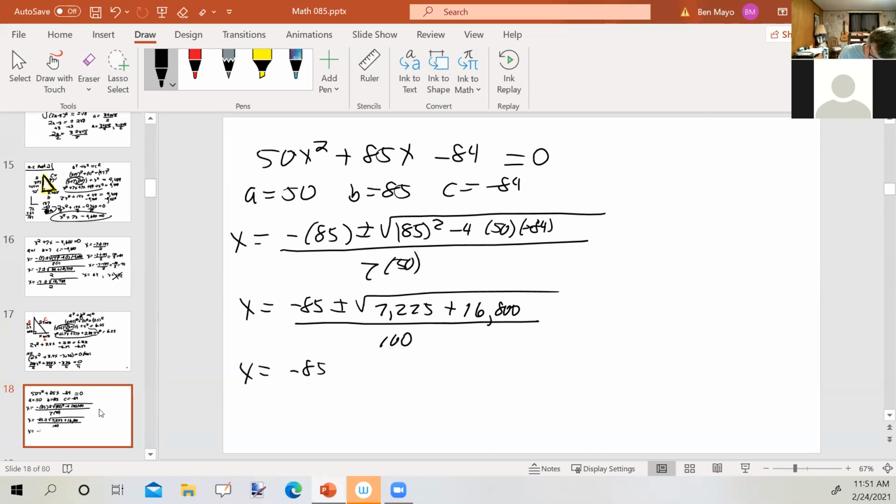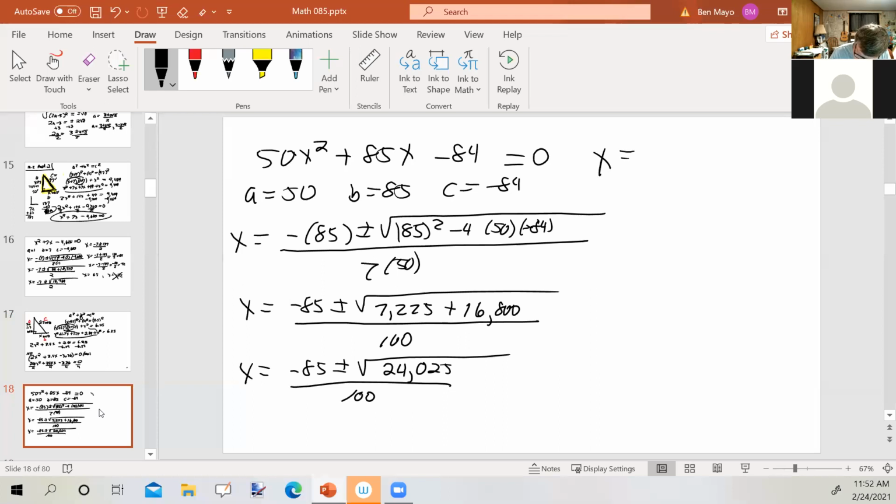Okay, x equals negative 85 plus or minus the square root of 16,800 plus 7225 is 24,025, all divided by 100. Now, the directions didn't say anything about round to the nearest tenth or hundredth or whatever, so my guess is the square root of 24,025 is going to be a nice number, and it is.